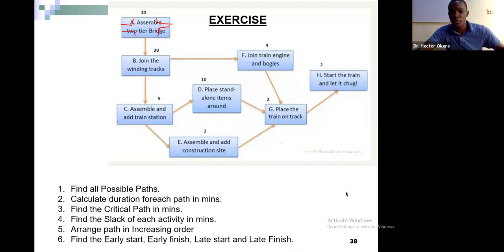Okay, quickly. Give me your Group 1. What is your answer? Find all the possible paths. Just give me A, B, C, possible paths.